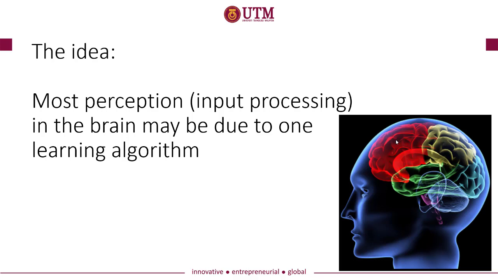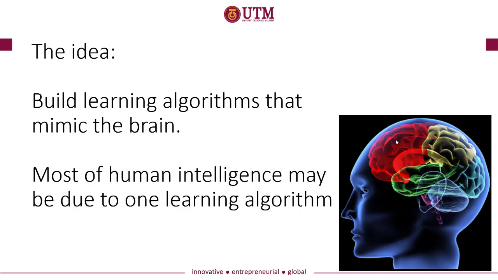The idea is that most perception, which is an input process in the brain, may be due to one learning algorithm. So build a learning algorithm that mimics the brain. Most of human intelligence may be due to one learning algorithm.